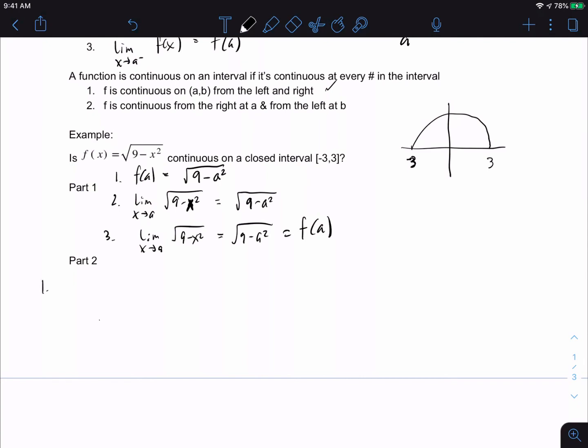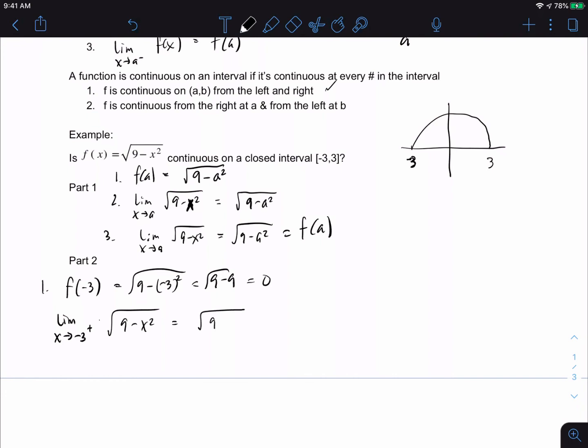So step number one, I'm going to go, all right, what's f of -3? I'm doing the left endpoint. I'm going to get 9 minus -3 squared under the root, which is going to be 9 minus 9, which is 0. Right? Then I'm going to take the limit as x approaches -3, but I'm coming from the right. Well, I know that that's acceptable within the domain, so I'm going to plug in -3 squared, and I'm going to get 9 minus 9, which is in fact 0.